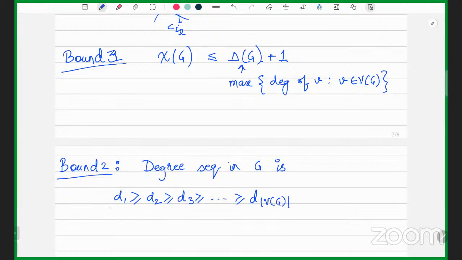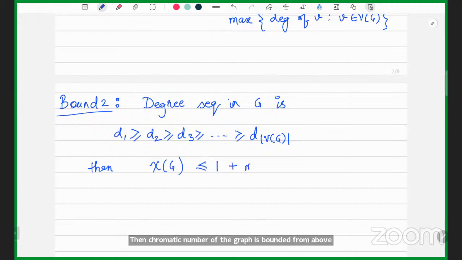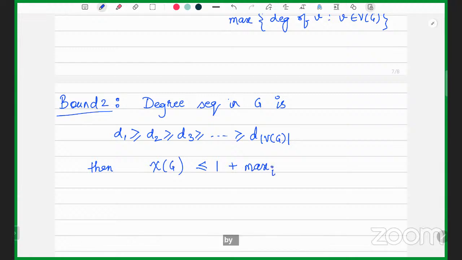So all the n vertices, every vertex has some degree. Arrange the degrees in non-increasing order. And if you follow this degree sequence, then the chromatic number of the graph is bounded from above by 1 plus the max over i of the minimum of di or i minus 1.